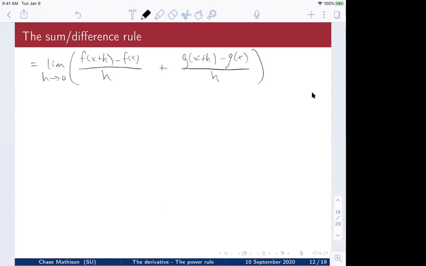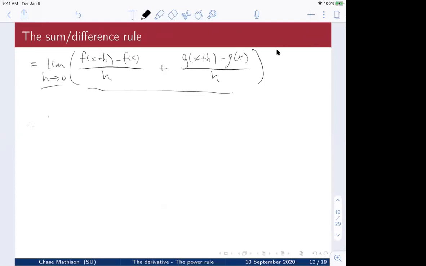And then what can I do with the limit of a sum? If I'm taking the limit of a sum of two things, what did we say we could do with that? Give it to both, yeah, exactly. You can break this up into the sum of the limits of two things.